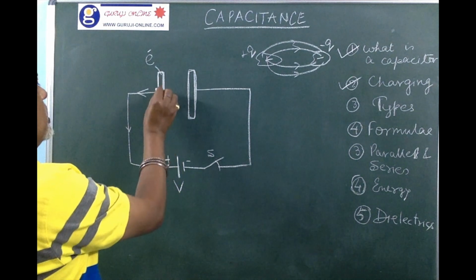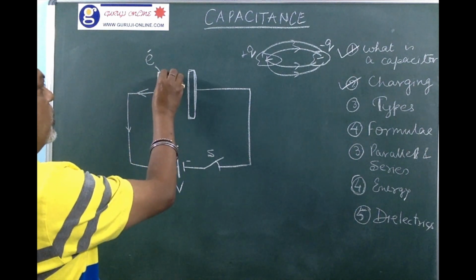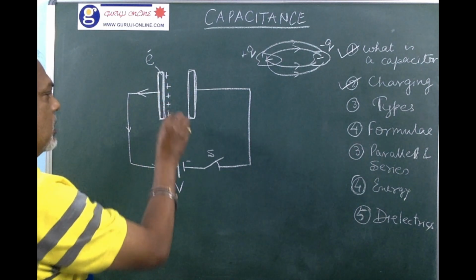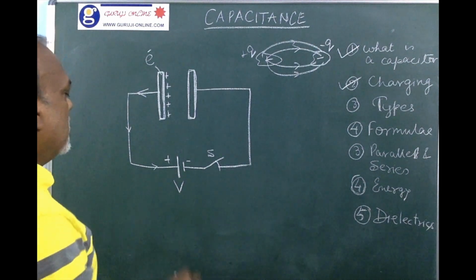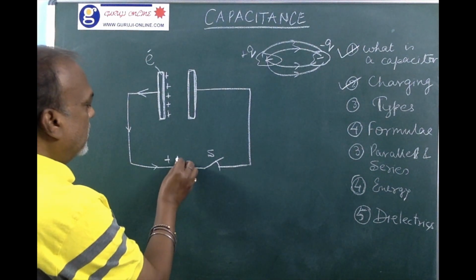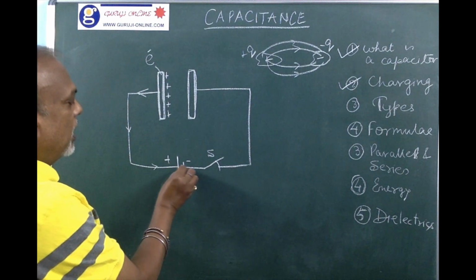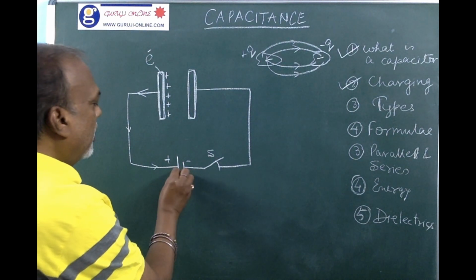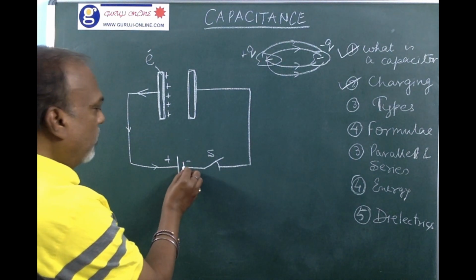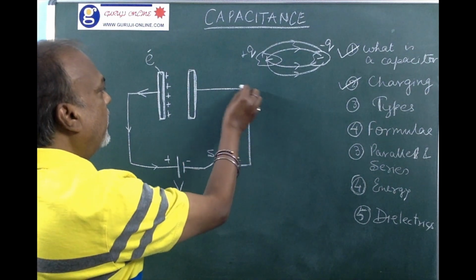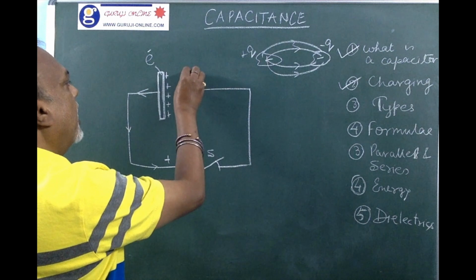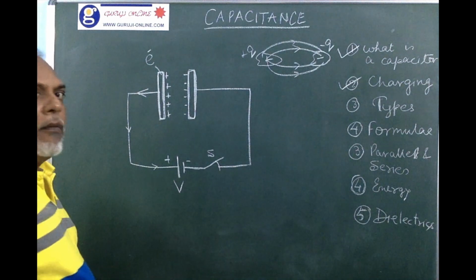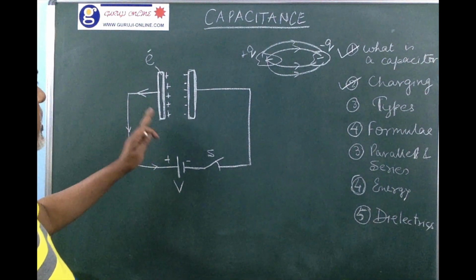Naturally, since electrons have started flowing, this plate will be positively charged. Now this electron has come to this terminal. The battery will do some work, and due to that work, this electron will go to this terminal and to this plate. And naturally this will now be negatively charged. This is the charging process.